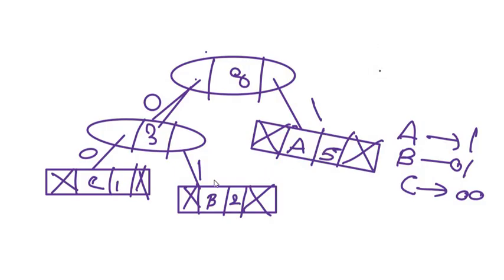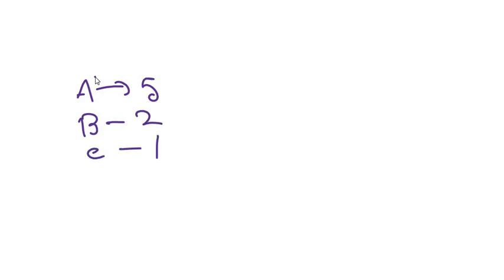Now let us find the total number of bits we need to transfer from sender to receiver, or the compressed data size. What is the frequency here? A frequency is 5, frequency of B is 2, frequency of C is 1. For A, how many binary values have we encoded? 1.